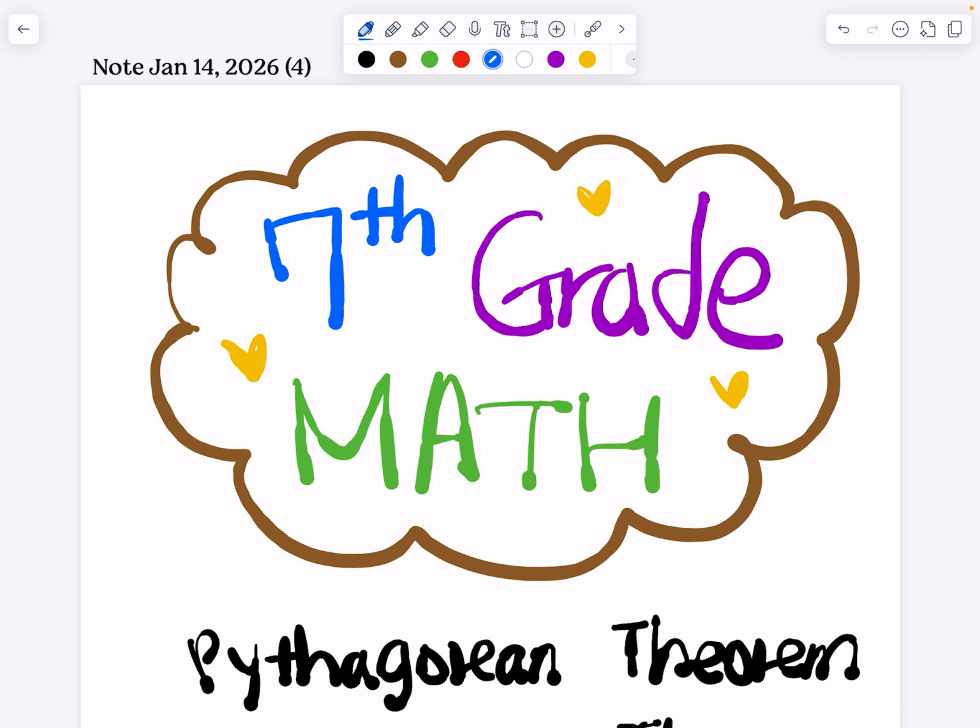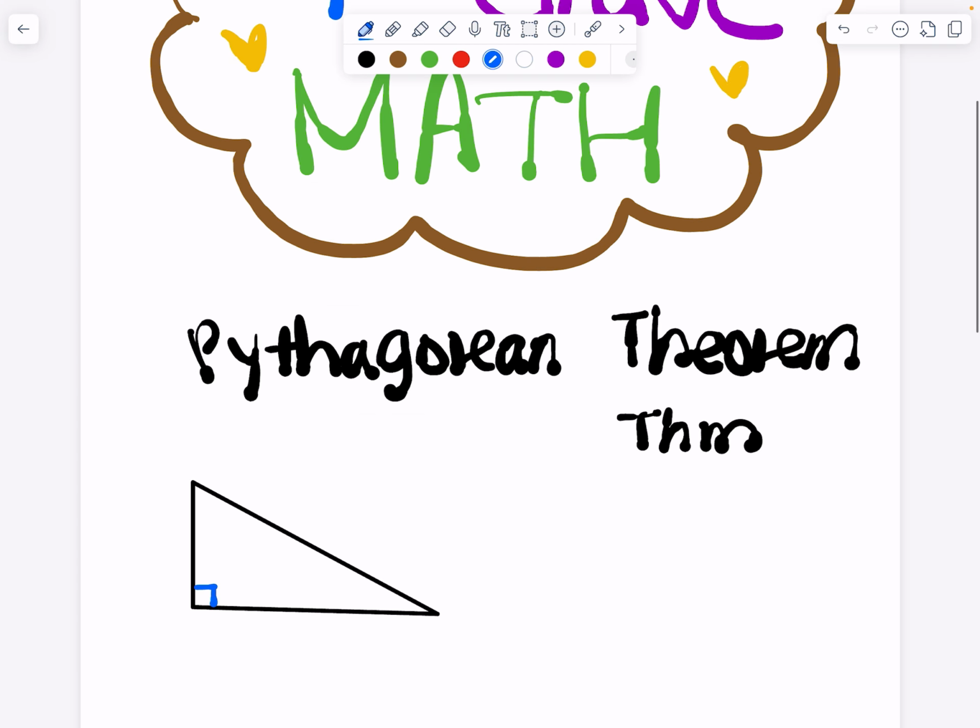Hello class. Today we talked about how we can use the Pythagorean theorem to find the unknown lengths of a right triangle. Basically, the Pythagorean theorem, abbreviated THM for theorem, applies to a right triangle.